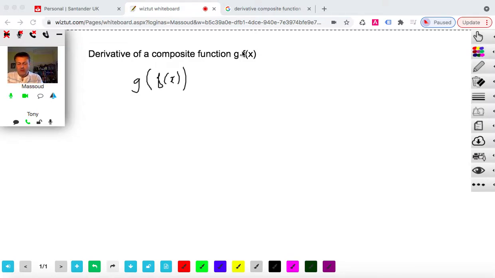So I'm just going to quickly, through a simple example, remind you of your knowledge of chain rule.